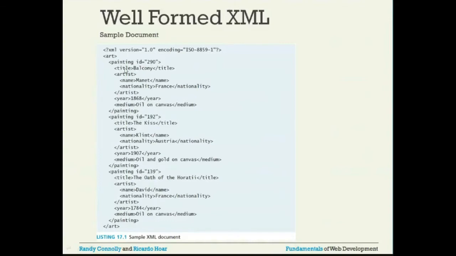Inside the painting, we have the other elements, which are children of the painting. So inside the painting, we have title. This is the opening tag, closing tag. The title is balcony. Then we have the artist. This is the opening tag and this is the closing tag. For the artist, we have name and the nationality.